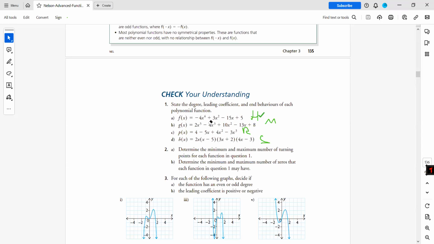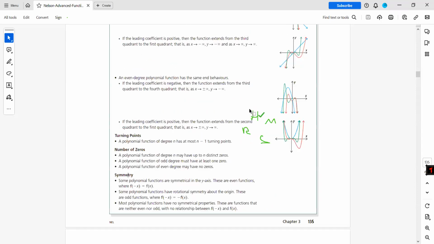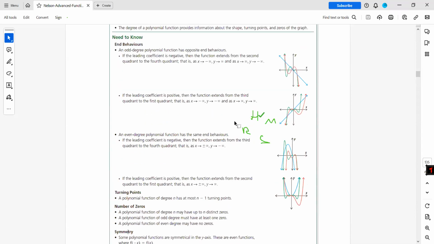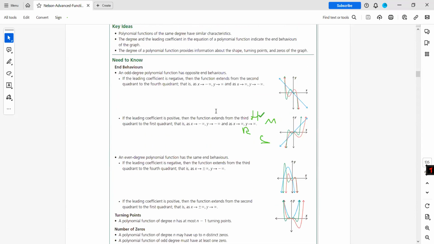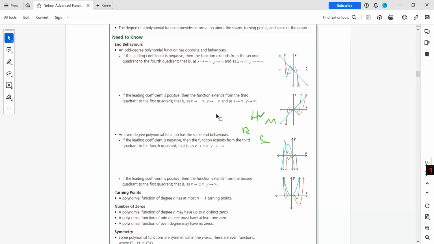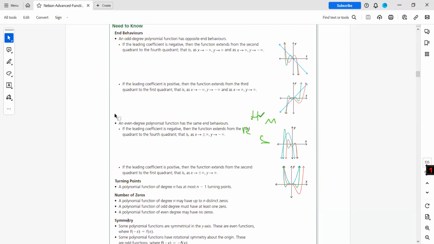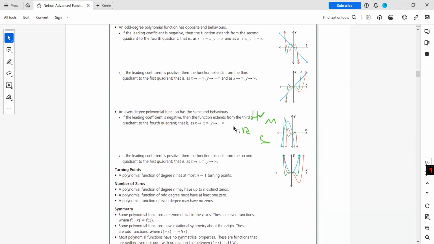End behavior: f of x approaches negative infinity, x approaches negative infinity. It's usually preferred to say it in another order, as x approaches a certain value, because x is our independent variable. So we say as x approaches negative infinity, what happens to the y value?